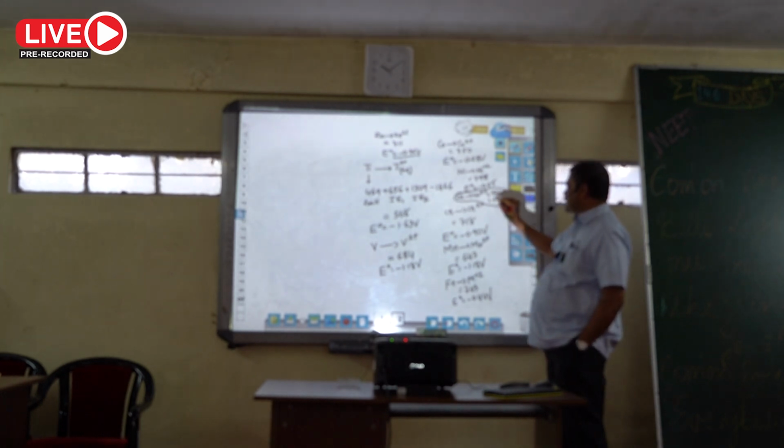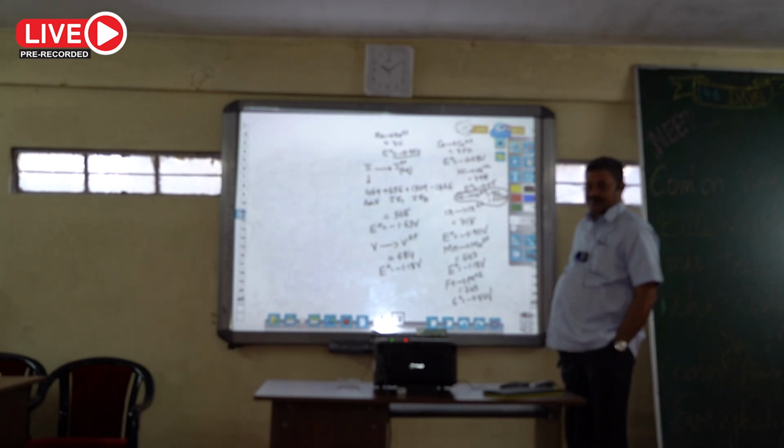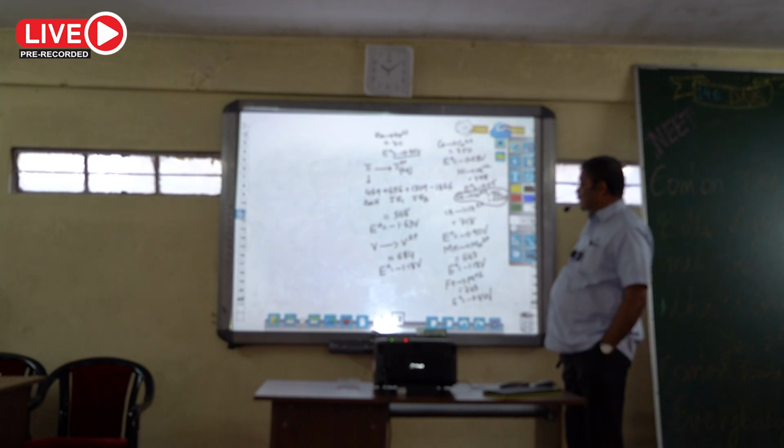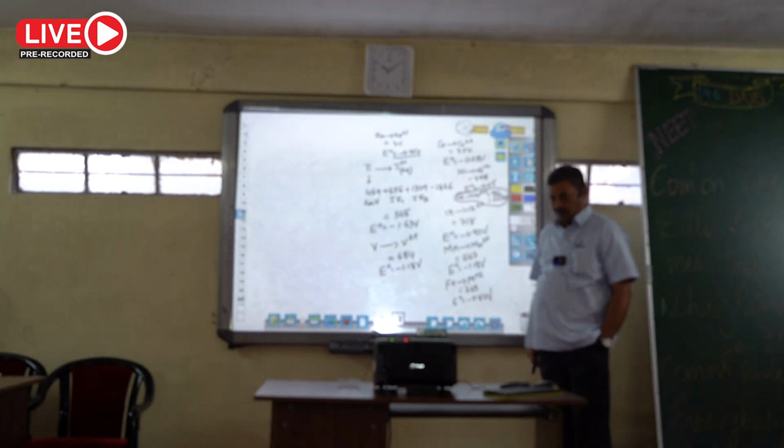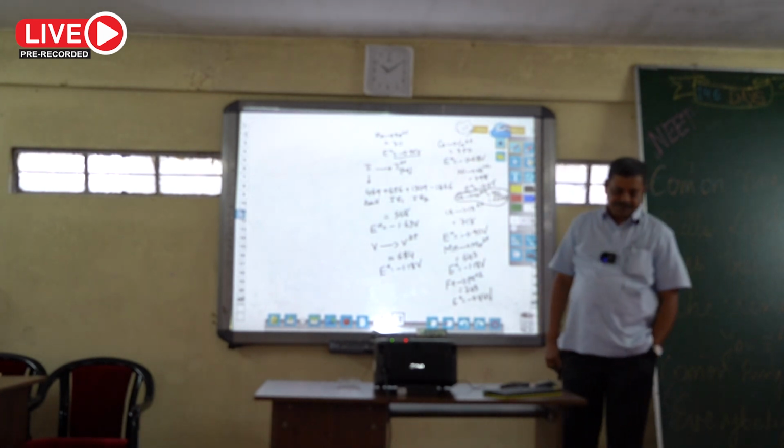Why is copper having a positive SRP value? See, the net energy change is too high here: 921 kilojoule per mole. The values are all in kilojoule per mole. So, first you have to write that.